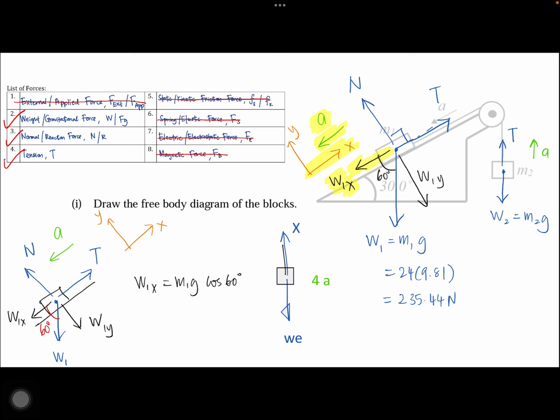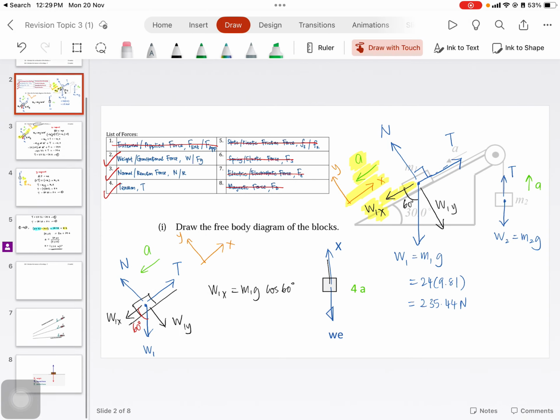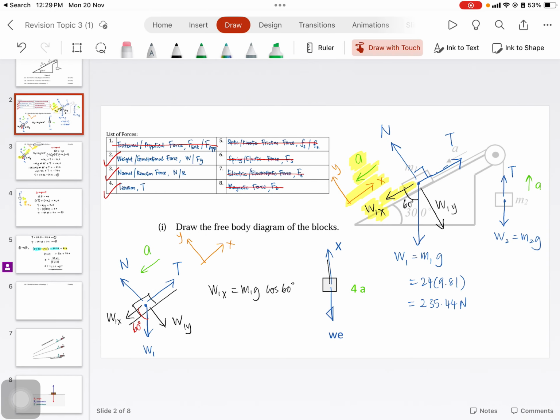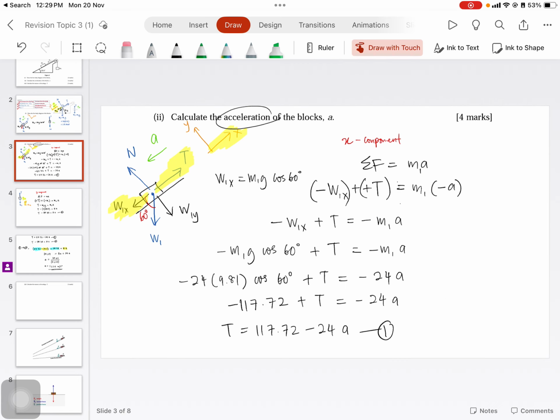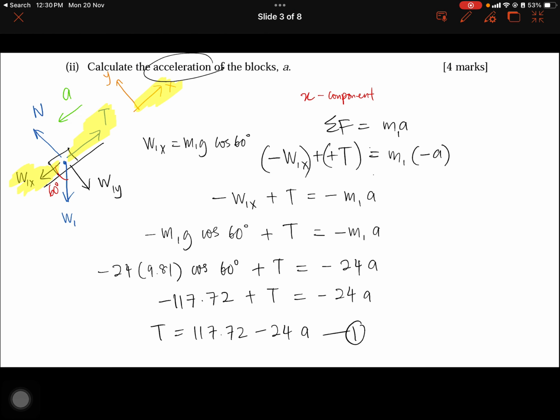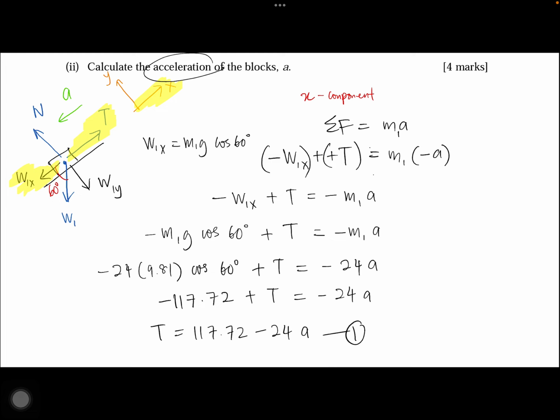That is why we list down all of the forces in our workbook, and then draw the free body diagram correctly, so that you can create the correct formula according to the free body diagram.